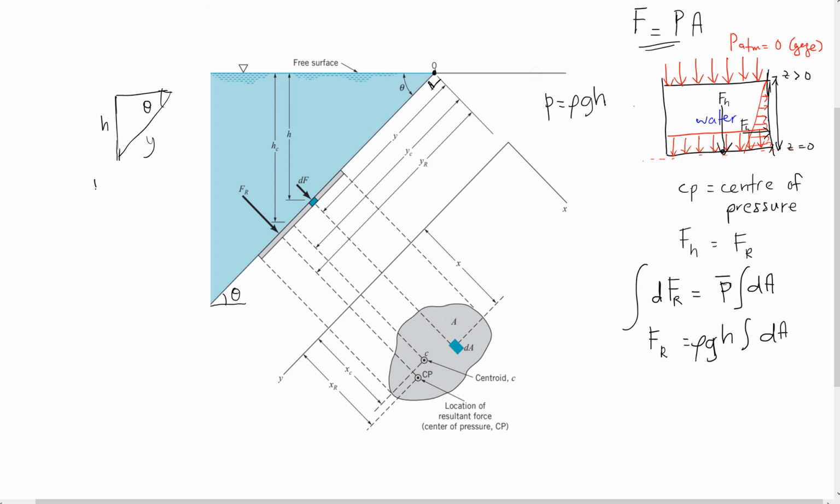Okay, so H divided by Y, you get sine theta. So basically H is Y sine theta. So I replace this H with Y sine theta. So I got rho G, I put the sine theta first and then put the Y inside here.